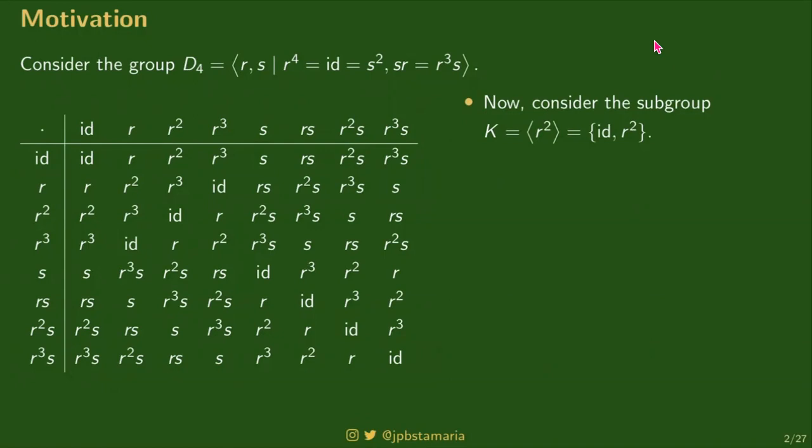Since K has order 2, the index of K in G is 8 divided by 2, which is 4. In short, this will generate 4 right cosets or 4 left cosets, whichever. But do you notice that in fact K is normal? Even though, let's show it.